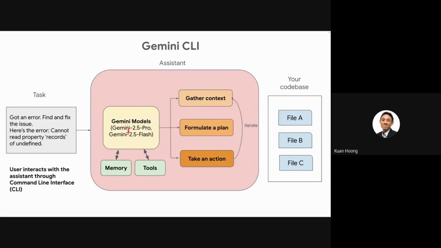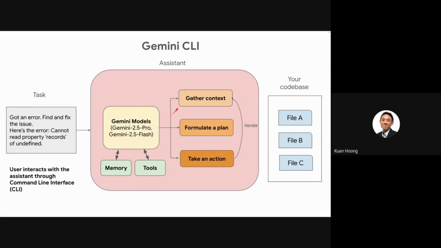At the same time, your model has access to tools like memory. That means it has the ability to keep the context of the previous conversation, and it has the ability to access many tools. One of the tools you can access is MCP, but Gemini CLI also has a lot of other built-in tools that you do not need to install. They come together when you install Gemini CLI.